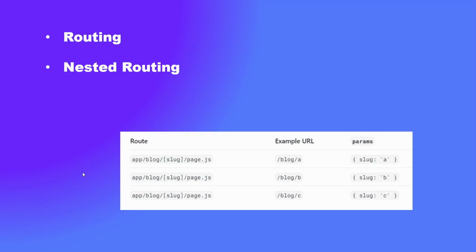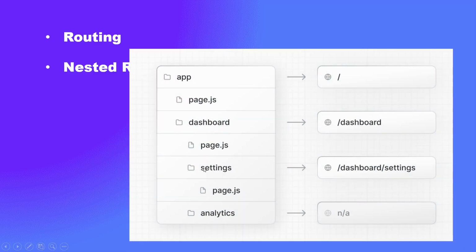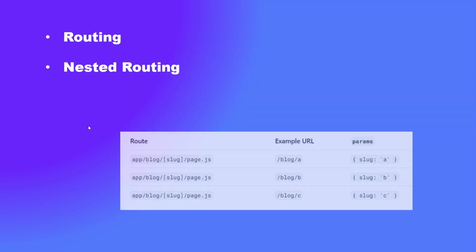Next, we are going to see about dynamic routing. In previous examples, we have seen a single folder name. For dynamic routing, instead of a folder name, we will provide square brackets and a variable, like here. For example, you can see the square bracket slug here.